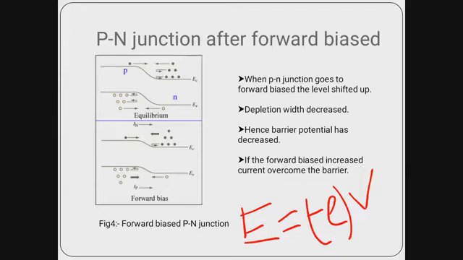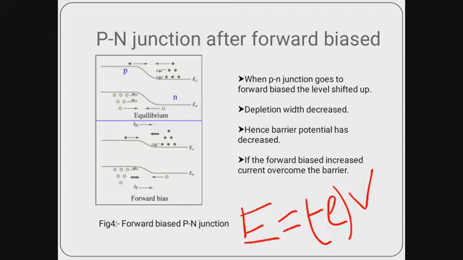The potential energy is equal to minus E into V. Here V is negative. Why is this level shifted up? Because if V is negative, multiplying these two quantities gives a positive quantity. If the potential energy is positive, then this level will be shifted up as compared to the equilibrium conditions.